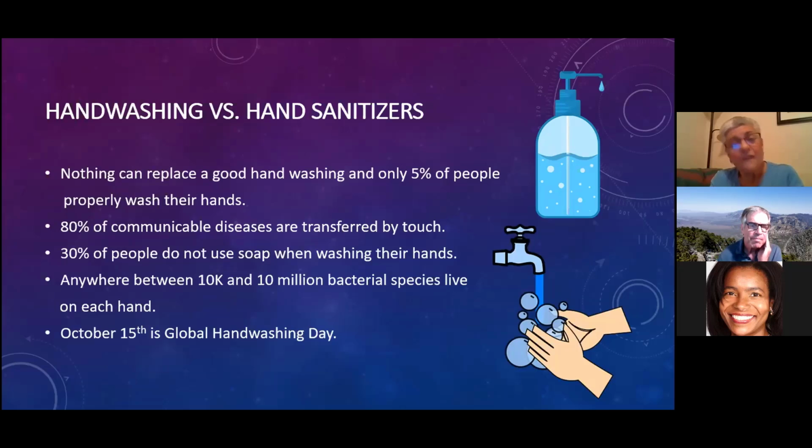So, hand washing versus hand sanitizers. Well, nothing can replace a good hand washing. And I've always been a big fan of soap and water. When you wash your hands properly, but only 5% of the people do, it is a process.